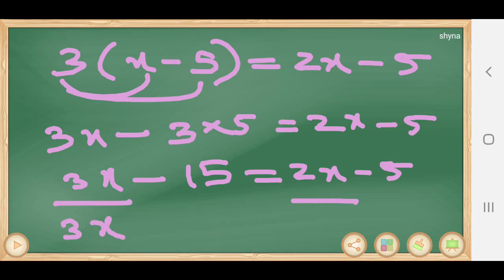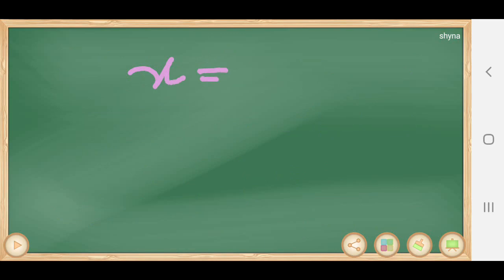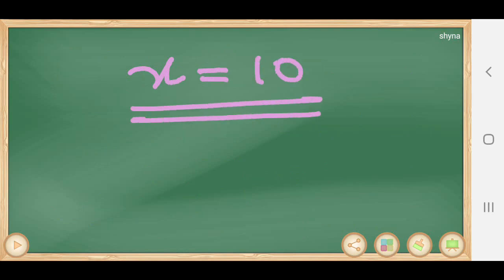Identify the x terms and transpose: 3x minus 2x equal to minus 5, and minus 15 while transposing becomes plus 15. 3x minus 2x is x, equal to minus 5 plus 15, that is 10. So x equal to 10.